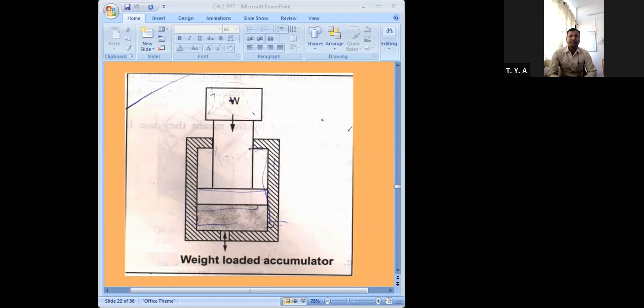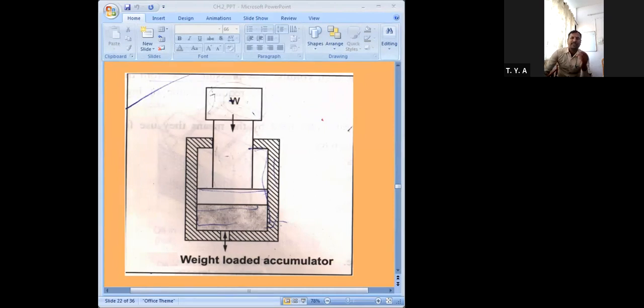Understood or not? Please tell me in the chat box. You can write yes or no, so that we can go to the next type of accumulator. All are requested to please respond to me.